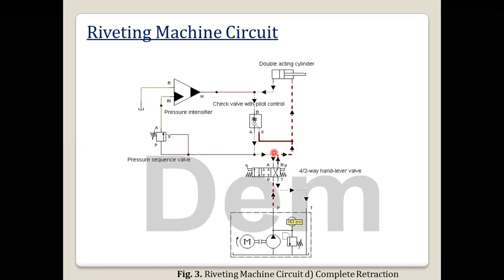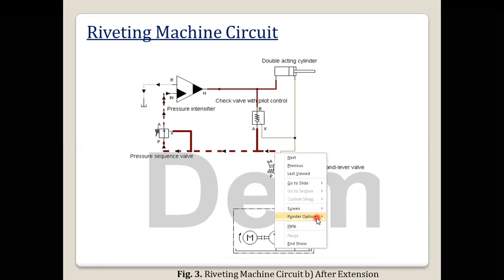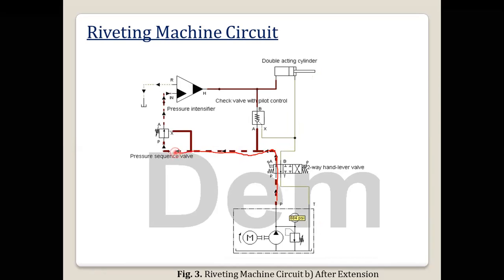The oil will be flowing through this sequence valve, then from the sequence valve it will go to the pressure intensifier. The pressure intensifier will increase the pressure, then the oil will go to the piston side. Then the high pressure is applied so that the riveting will be done.